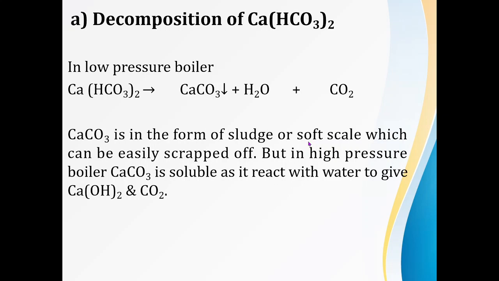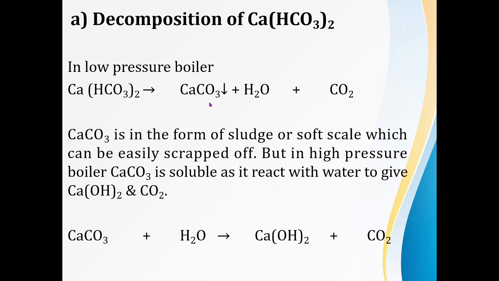But in a high pressure boiler, CaCO3 is soluble as it reacts with water to give Ca(OH)2 and carbon dioxide. Means what happens in a low pressure boiler? This calcium bicarbonate gives you calcium carbonate. Calcium carbonate is insoluble in water, and it is a muddy precipitate, which can be easily removed.